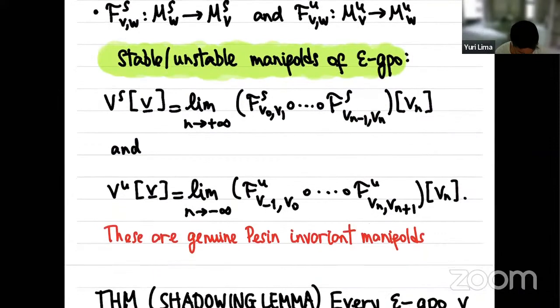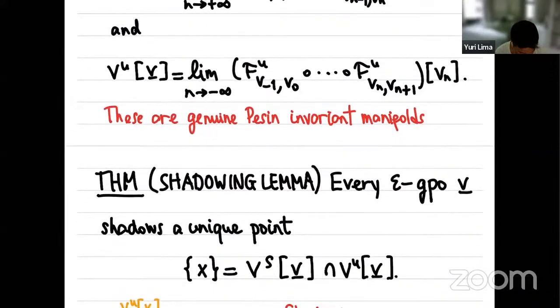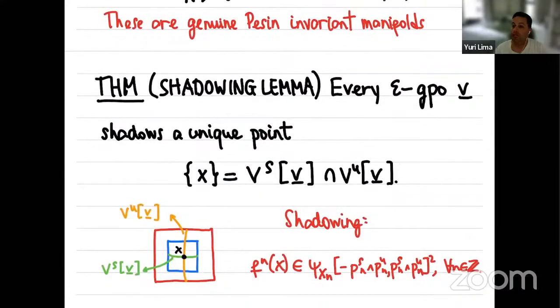Okay. And then we have again the same shadowing lemma, which tells us that to each epsilon generalized pseudo orbit, you have a single point that is shadowed by it. The single point is going to be the intersection of the stable and unstable manifolds of the pseudo orbit. So here I have drawn it in the different scales.